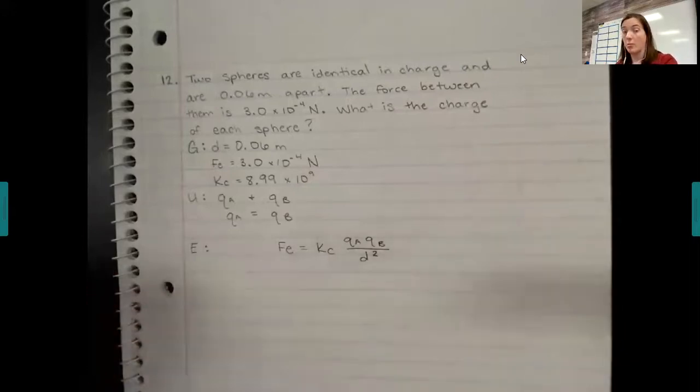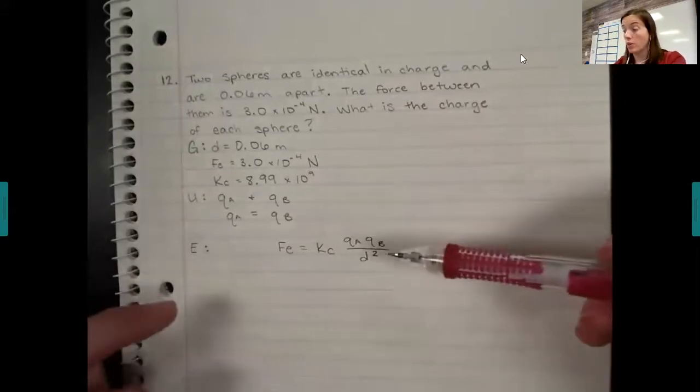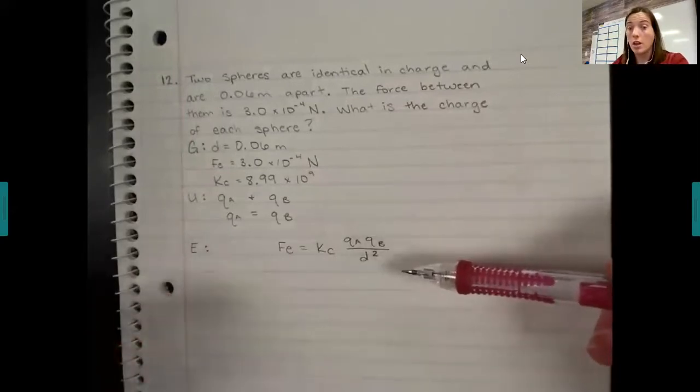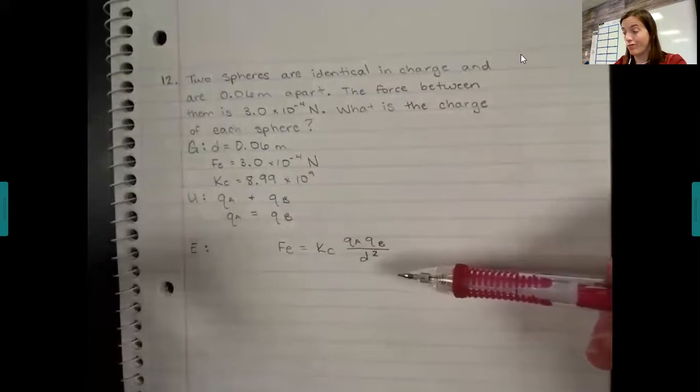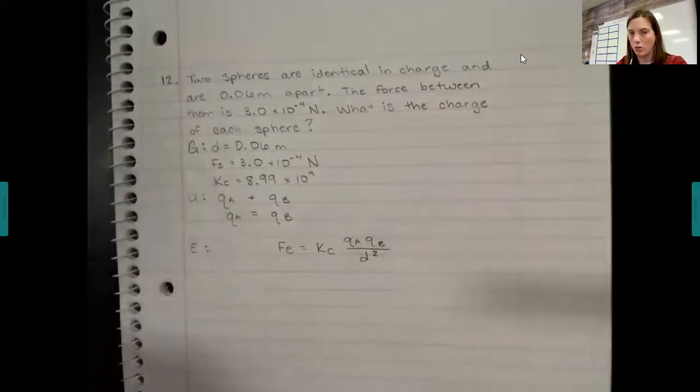All right, I'm going to pick up here on the equation. Okay, so we're using Coulomb's law equation, but we're trying to figure out the QA, QB. So that's two variables, but they're the same numbers.